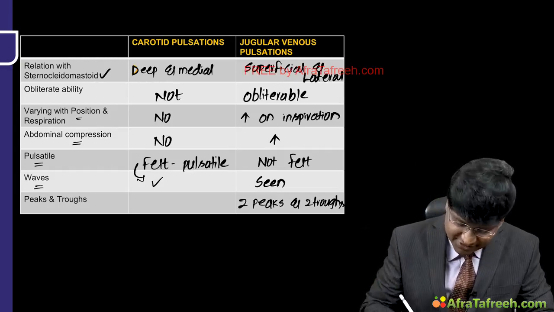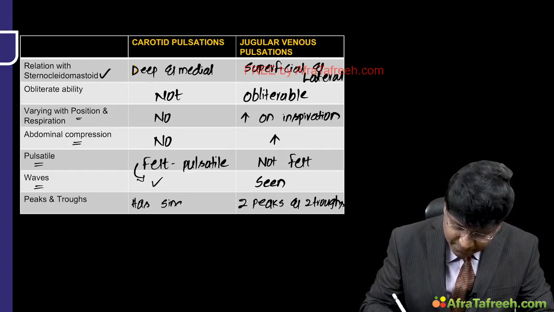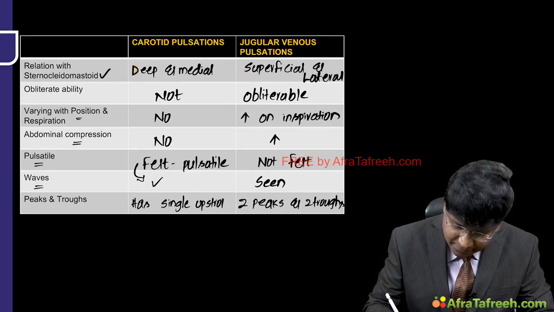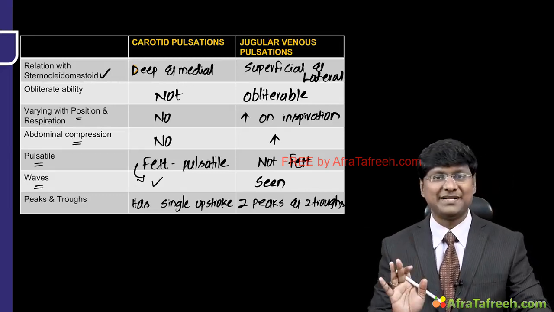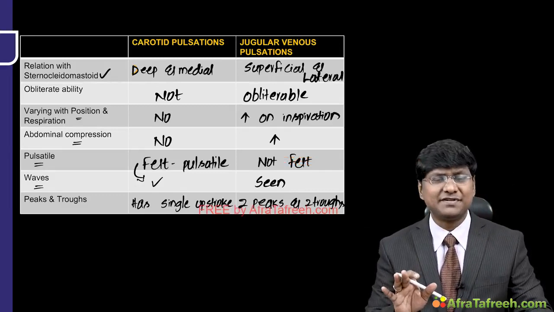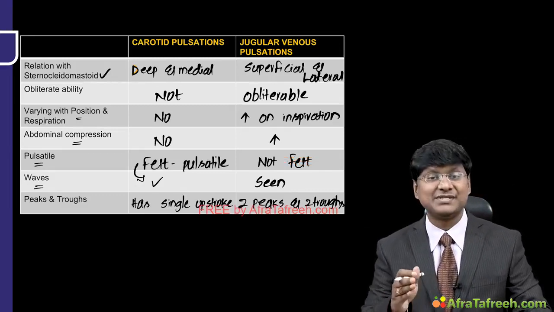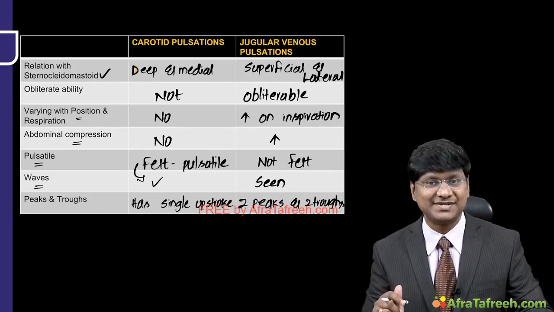This carotid pulsation has a single upstroke. So these are some of the differences between the carotid pulsations and the jugular venous pulsations, right?